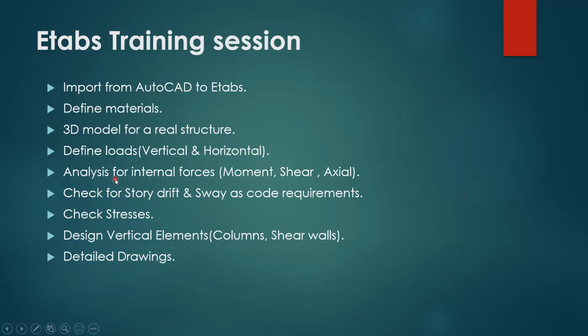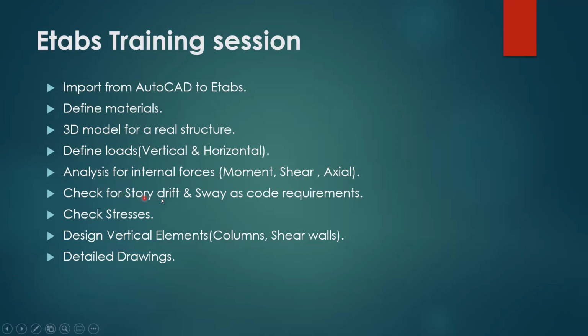We need to analyze the internal forces for the beams, for example. We need to see the major moment, the minor moment, the bending moment diagram, shear, negative moment, positive moment, shear force, and axial force for the column.